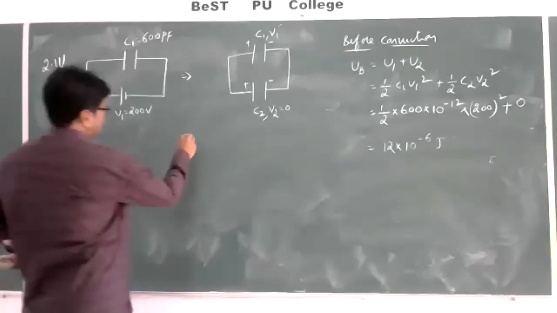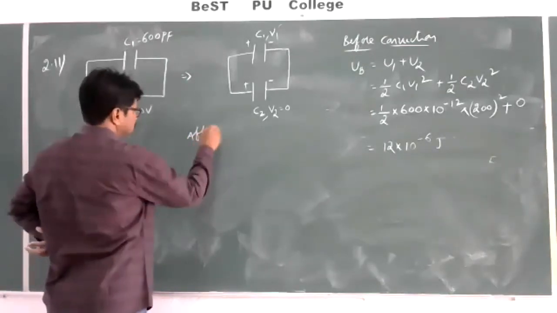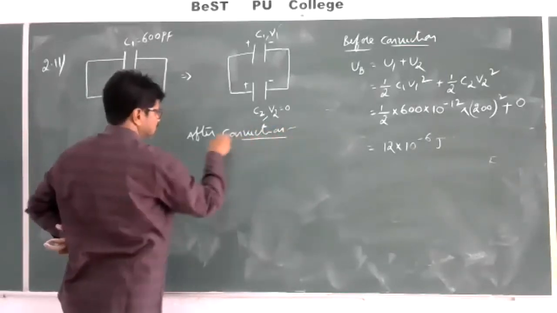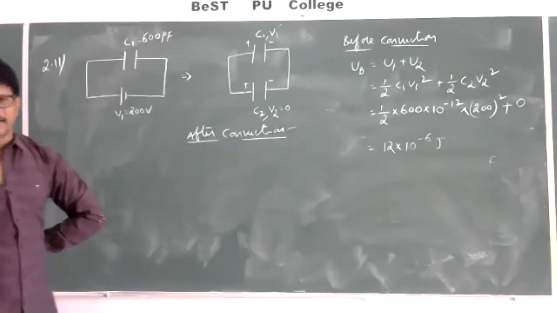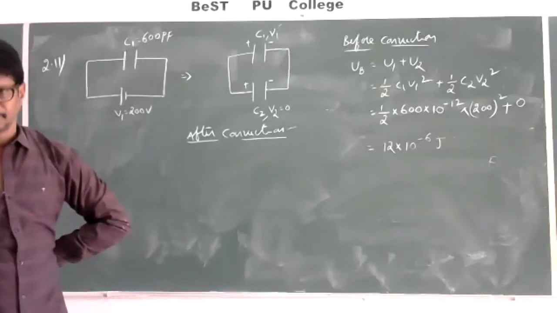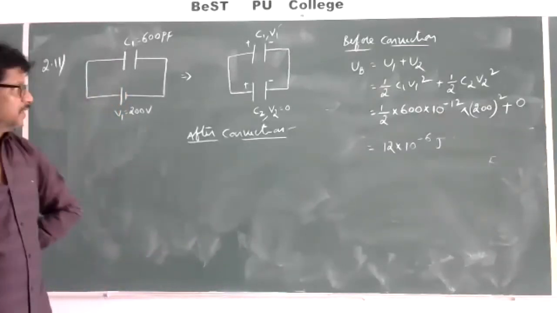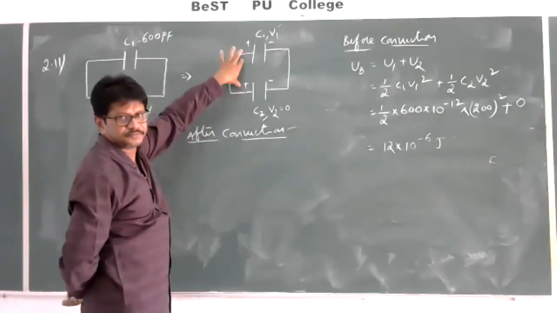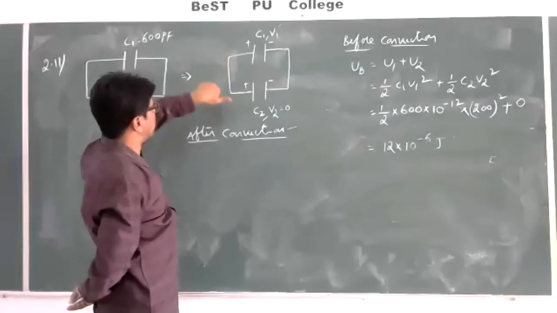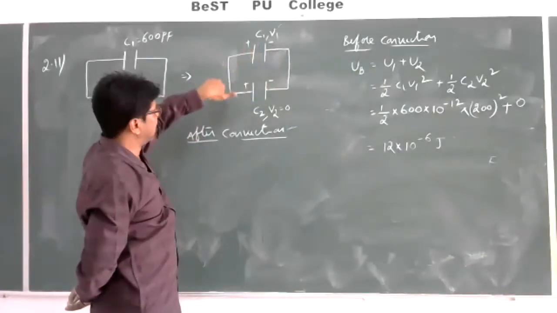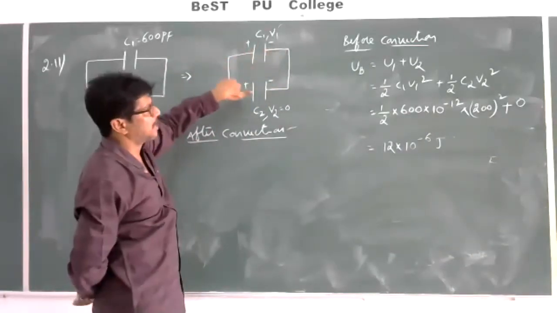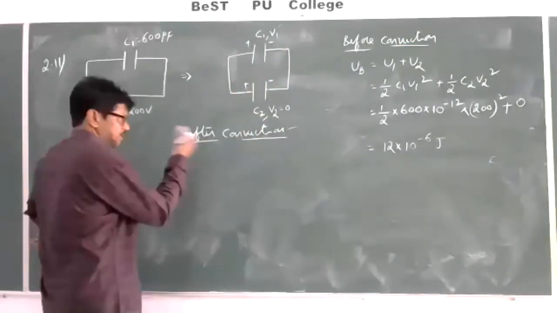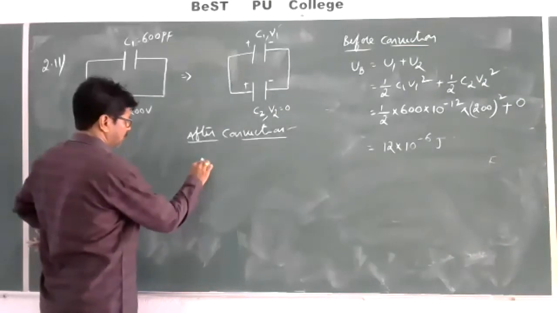Then after connection, as we know, when two capacitors are connected, there will be a flow of charge until both acquire the common potential. We already discussed the formula for the common potential.